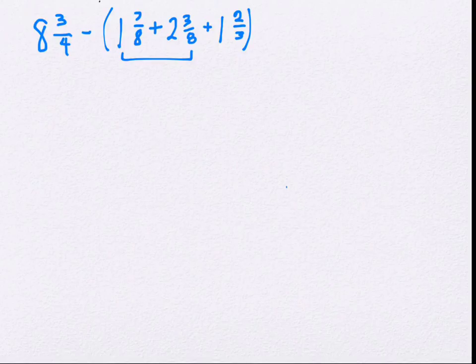24 as a denominator is quite a large denominator for what we've been working with compared to the other screen. So let's see if we can get a smaller denominator going on. We're going to turn them all into improper fractions first. So I've got 4 and 8 and 3. What does that give me? Do you remember?